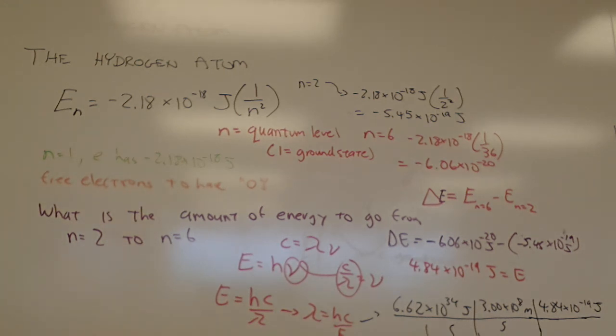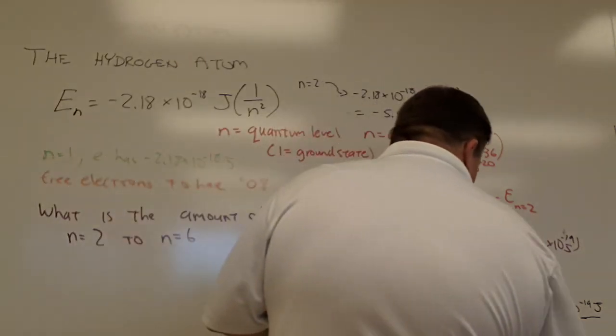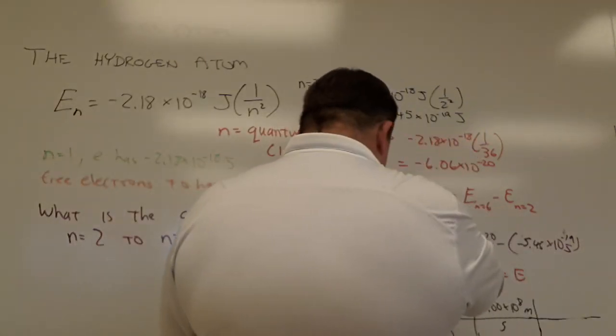And what I get out of this is just using 6.62 times 10 to the 34th times 3 times 10 to the 8th, divided by, I put this on the wrong side. Why didn't anybody tell me?